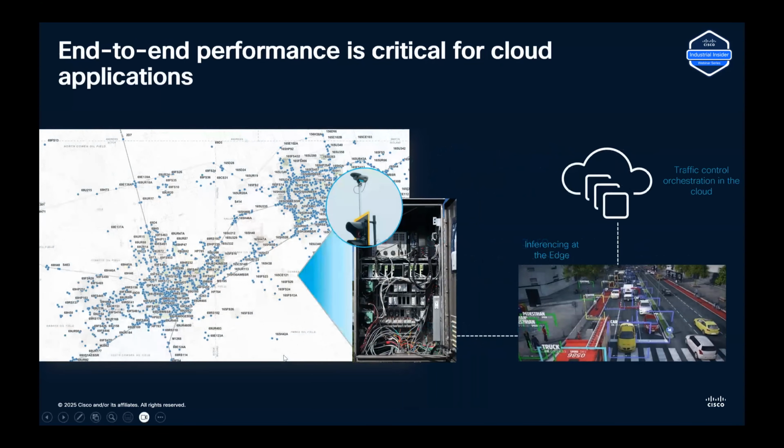Now, the fourth thing that we talked about was how you can best use your cloud applications. One example of cloud applications that we see out there is how to optimize traffic lights in a city. You have all of these sensors and traffic lights all over the city, and local control is not going to give you an optimum result.